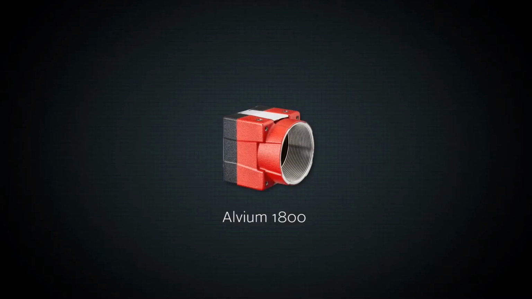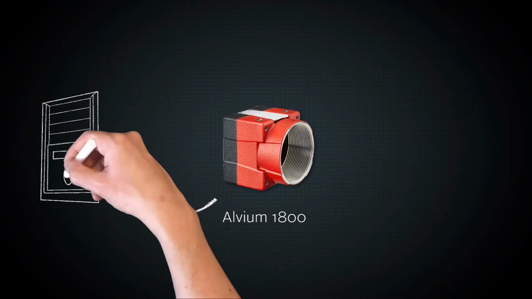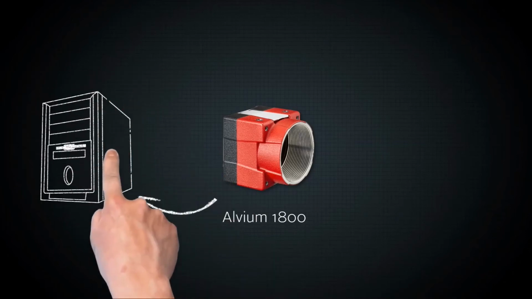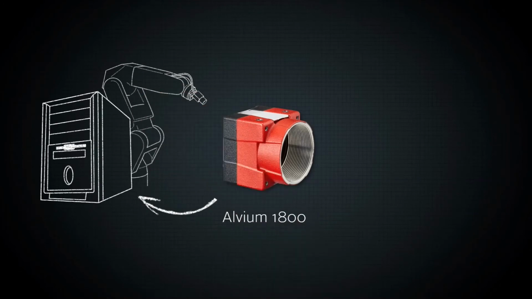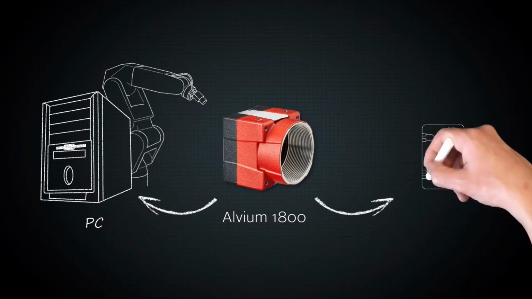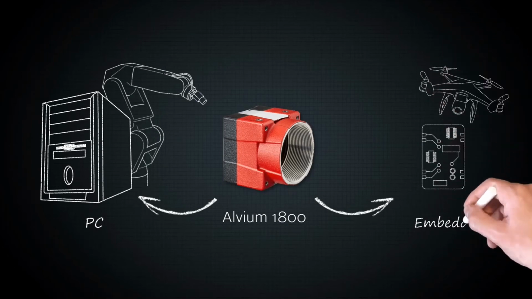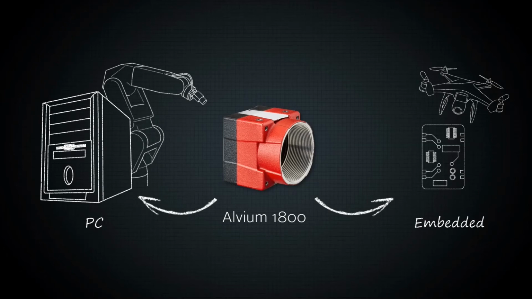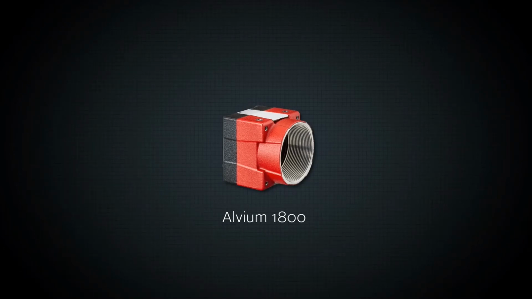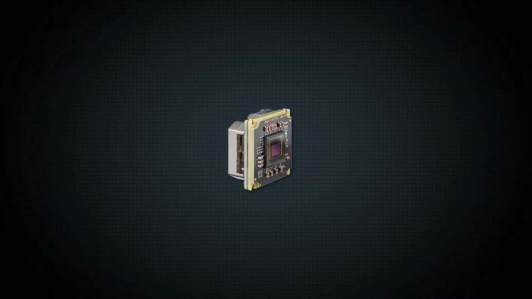Allied Vision's ALVIUM 1800 series is a revolutionary crossover camera. It combines the performance of an industrial machine vision camera with a platform optimized for embedded systems. This opens unprecedented possibilities for advanced embedded vision applications. The hardware of the ALVIUM 1800 series builds on the same platform as the ALVIUM 1500's embedded camera modules.